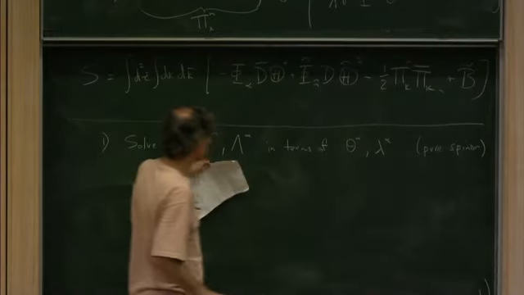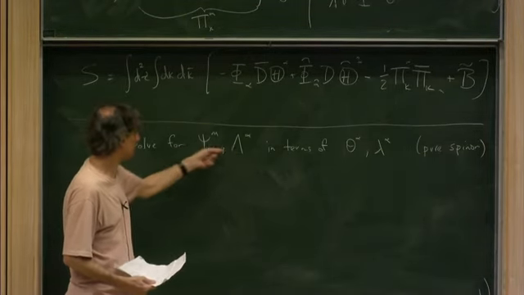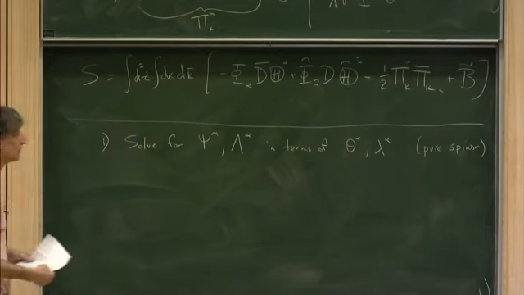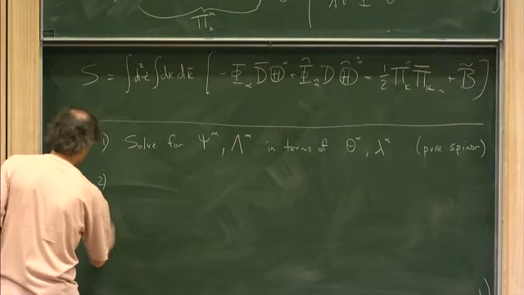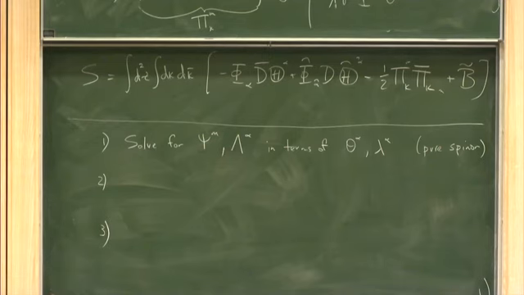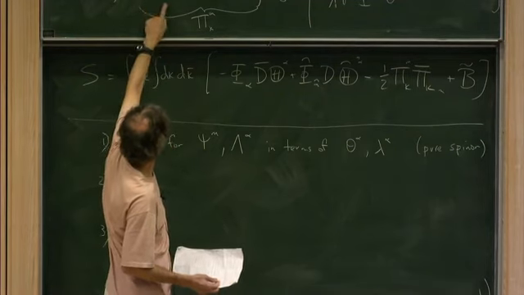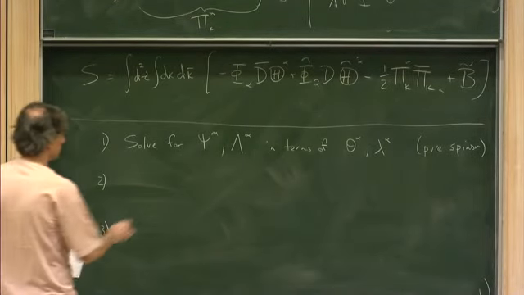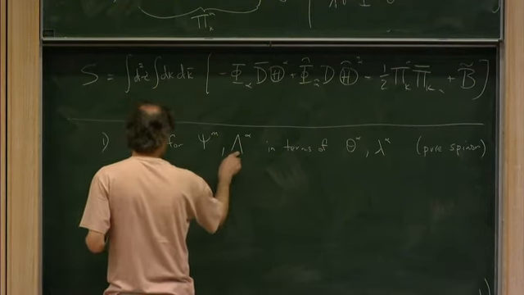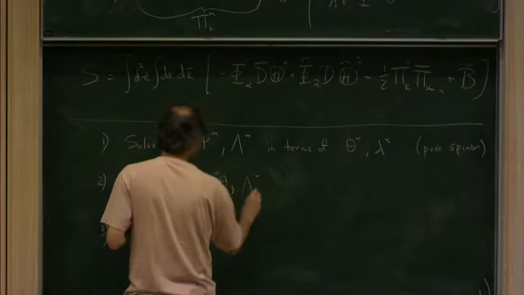Now doing that necessarily breaks the manifest n equals 1 worldsheet supersymmetry, because I'm choosing to solve for some of the components of a superfield and not for other components. But there are other ways to solve. So one thing you might want to do is try to relate it to RNS. Now this constraint here, there's nothing like this in RNS, because dx is supposed to be independent of all the other fields. But what you can do is, instead of solving for psi and lambda, capital lambda, you can solve for lambda gamma m theta and lambda alpha.